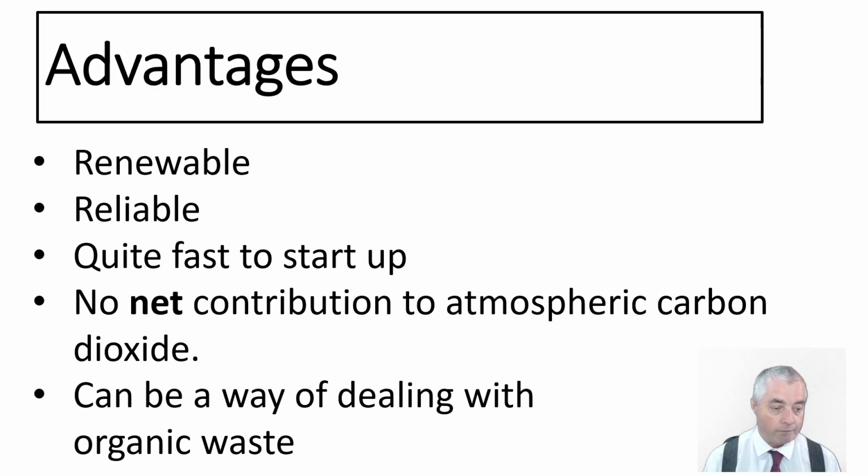Whatever's left over afterwards is good fertiliser, and it's also producing methane which you can burn. And again, because those things have grown, they're either plants which have taken carbon dioxide in from the atmosphere, or they're animals which have eaten plants, and those plants took carbon dioxide in from the atmosphere, so there's no net contribution to atmospheric carbon dioxide.